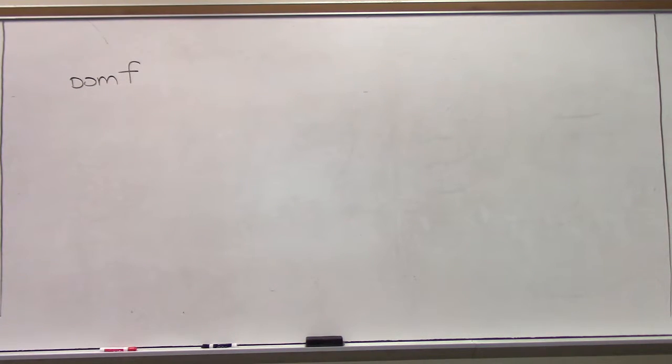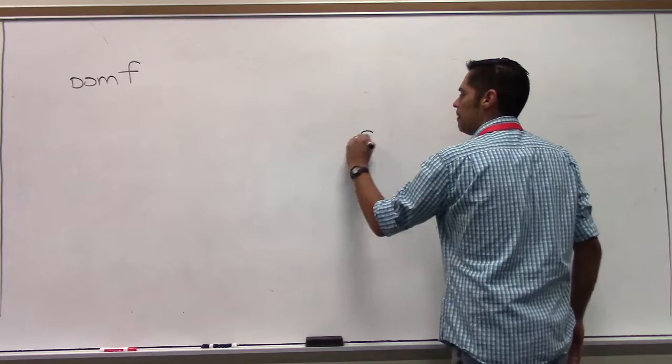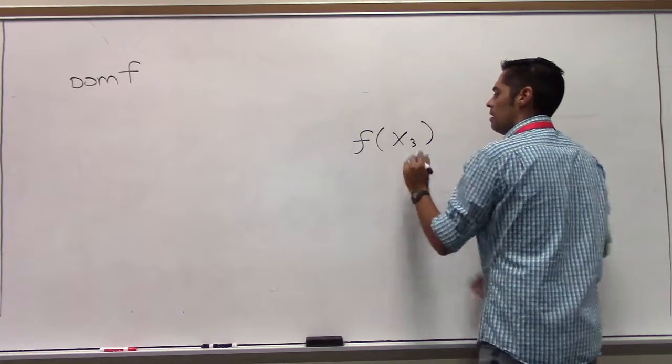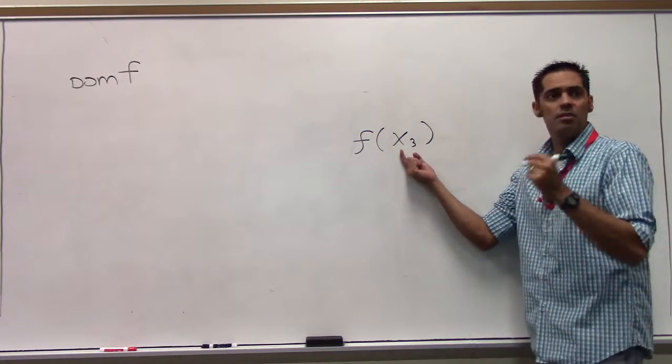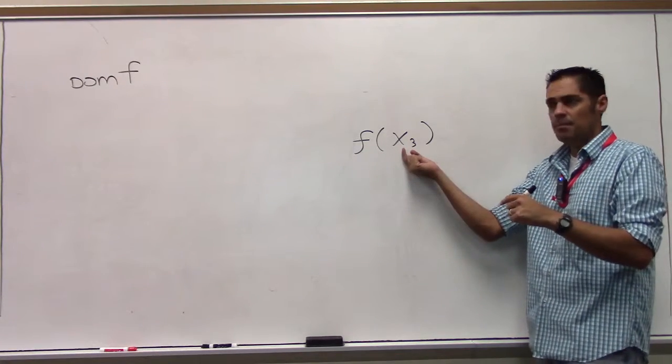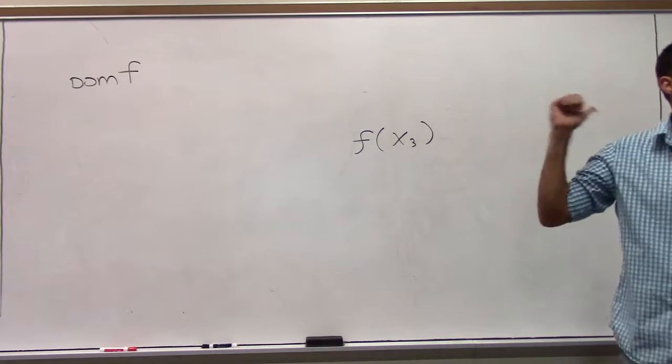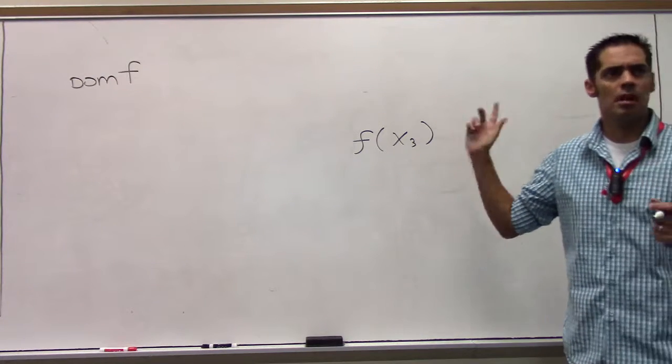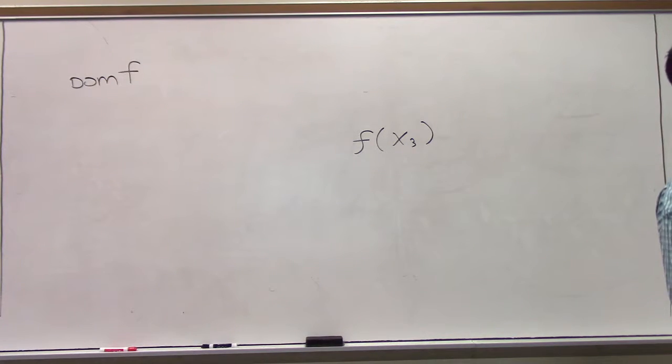That could also be called f of x sub 3. So this notation with the x sub 3 in parentheses next to the f, that denotes a y value. Anytime you see an f and then something plugged in, that's a y value. That is in the domain or range. Or sorry, we haven't said range, sorry. That's in the set y, right?